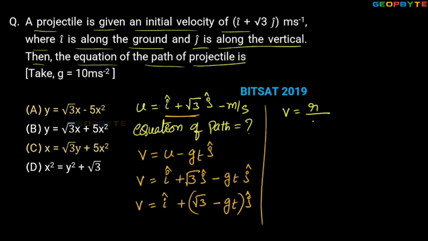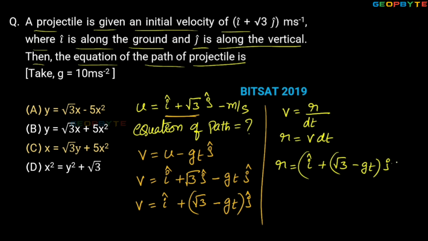Okay, then as we all know, the velocity v equal to the path followed by the particle divided by the time, I can write dr by dt, and r equal to integral of v dt. V value is i cap plus root 3 minus g t j cap, right?